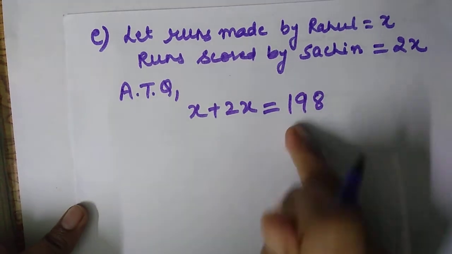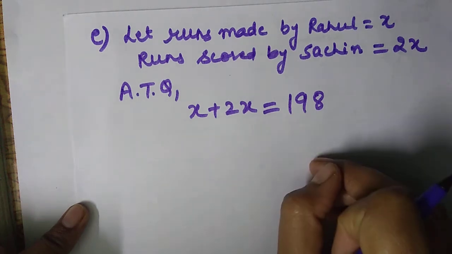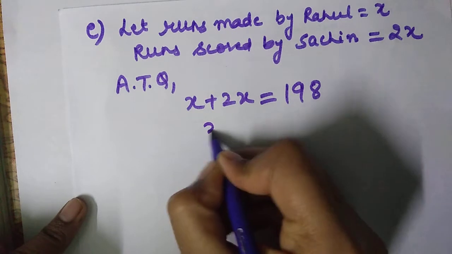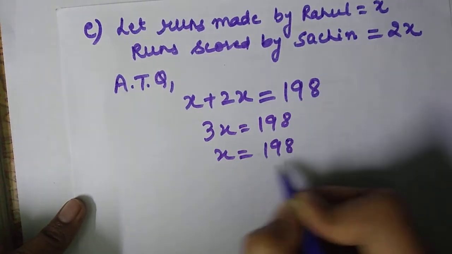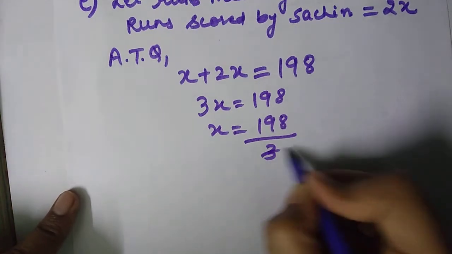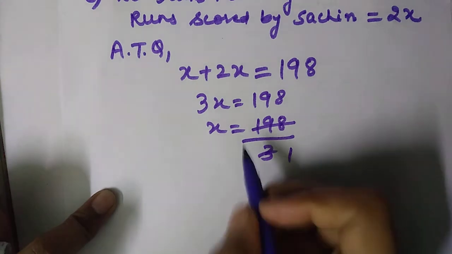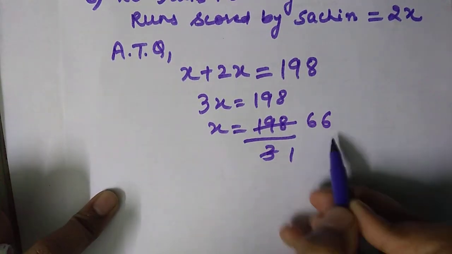That is the meaning of too short of a double century: double century means 200, too short means 2 less than 200. So it is 3x equal to 198. So x is equal to 198 divided by 3. Now 3 ones are 3, 3 sixes are 18, so x is equal to 66.